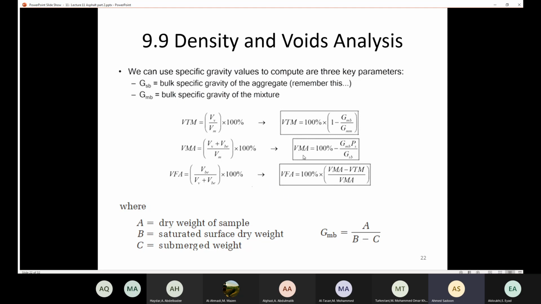Then VFA depends on VMA and VTM. So if I know VTM and VMA, I'll be able to determine VFA. Okay, so now we convert these into specific gravities. If I have a certain example, I should be able to determine all the specific gravities. Then I will be in a position to determine VTM, VMA, and VFA.